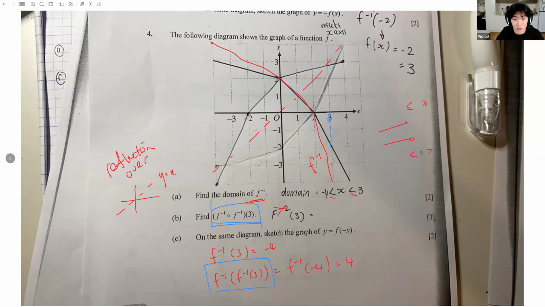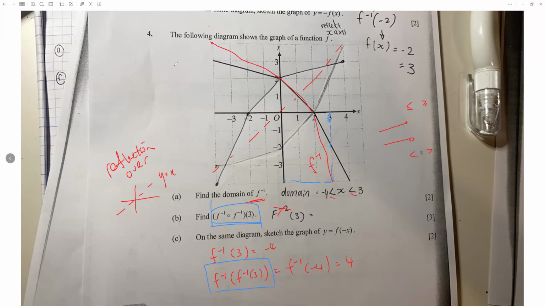So input 3 in, you get negative 4. That's applying it once. I drew the graph according to this black line. Everything is from the graph in this case; you're not given any numbers.